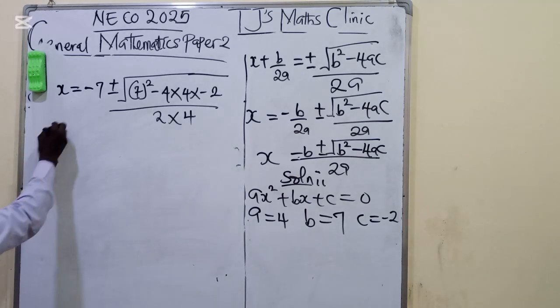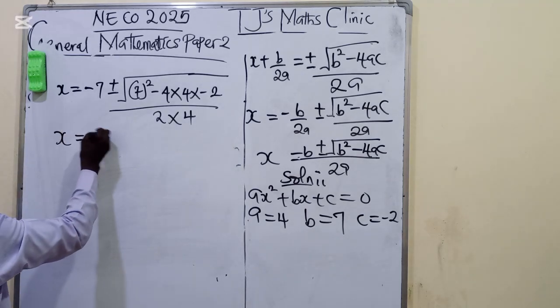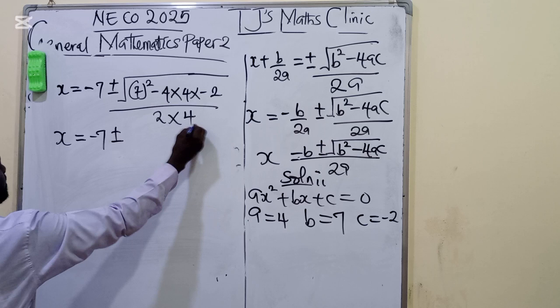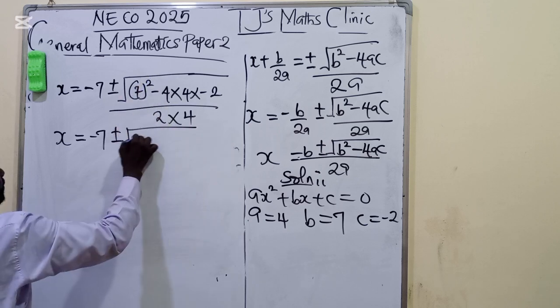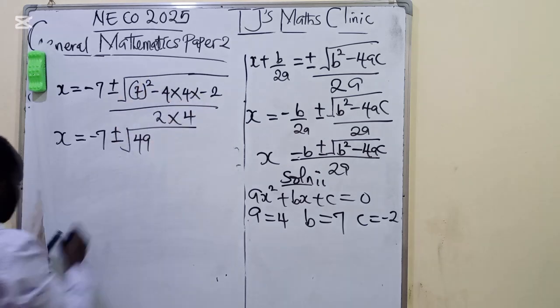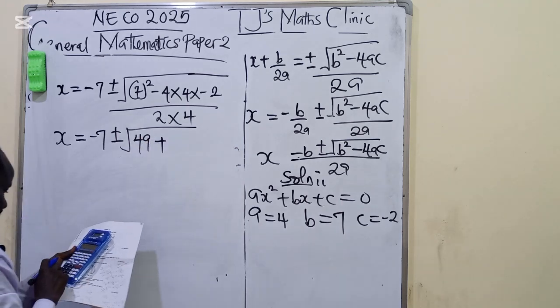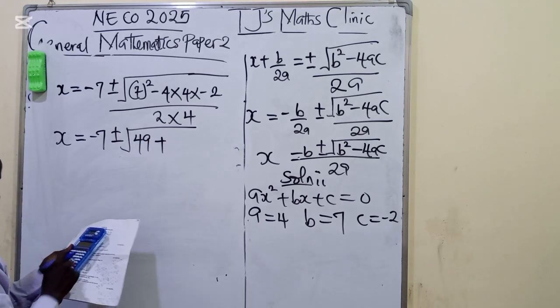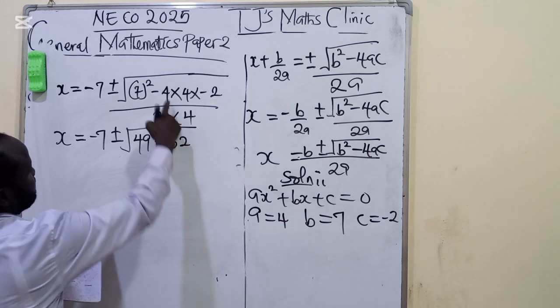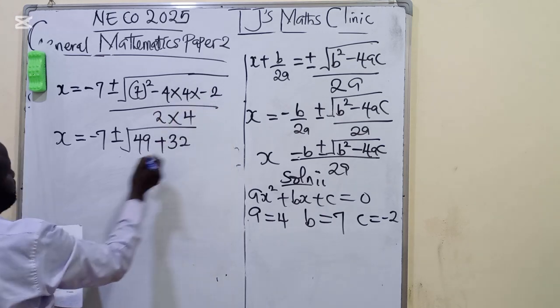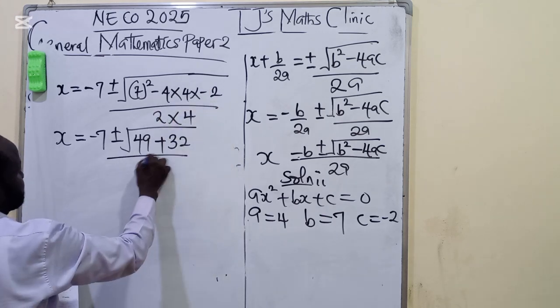So let's simplify. We have x now will be equal to −7 plus or minus the square root of 7², of course, is 49. Minus times minus is positive. So we have plus 16 times 2, we have 32. This 4 times 4 is 16, times 2 is 32, divided by 2 times 4 is 8.